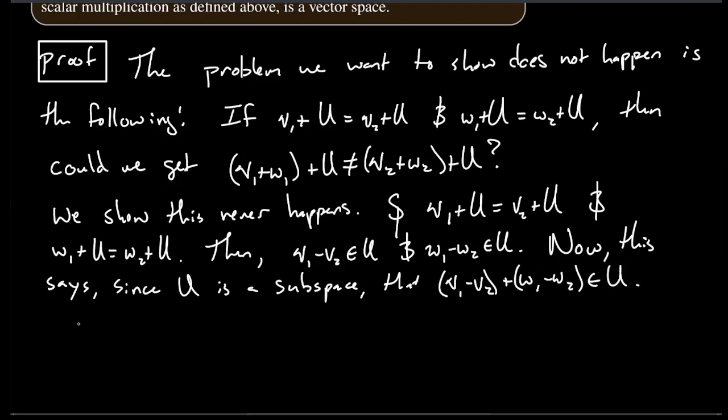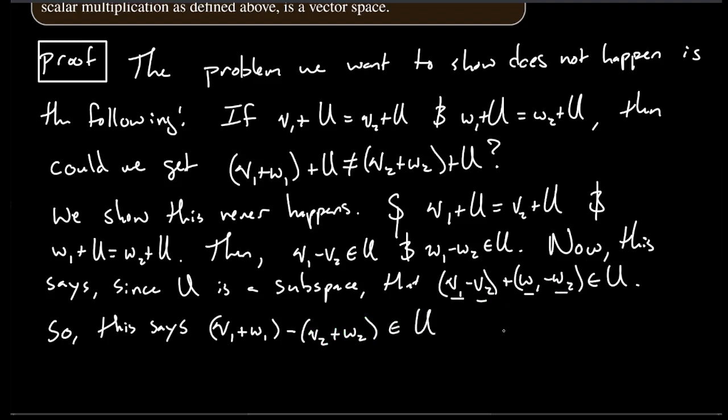Okay, so this says that v1, and now I'm going to rewrite it a little bit, v1 plus w1, that is this guy plus this guy, minus v2 plus w2, that is, I'm just factoring out that minus sign here, is in u as well.